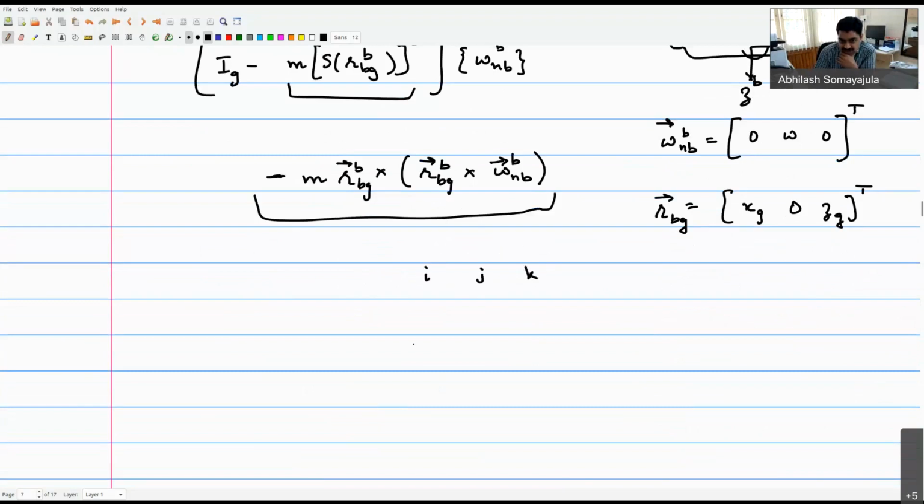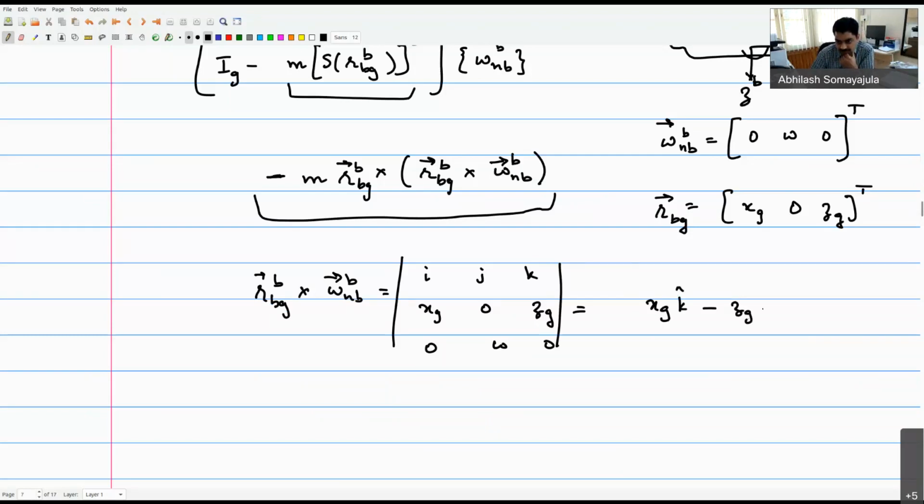I, j, and k. And then I have xg, 0, zg, 0, omega, 0. So this will be only the product RBGB cross omega NBB. What does this turn out to be? Xg into k minus zg into i.